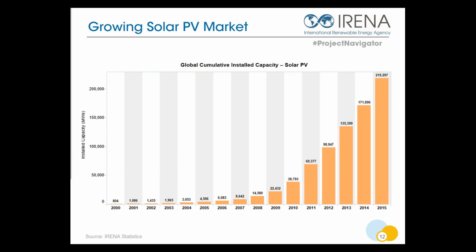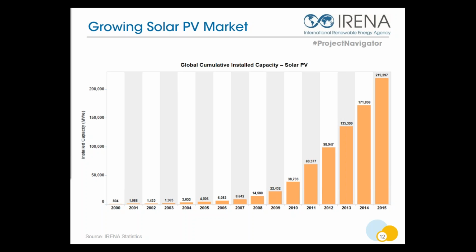And the growth of solar PV has been very significant in recent years. We're today above 250 gigawatts, and from year to year we have seen growth in the gigawatts added, and also this year we're going to see growth in this area.